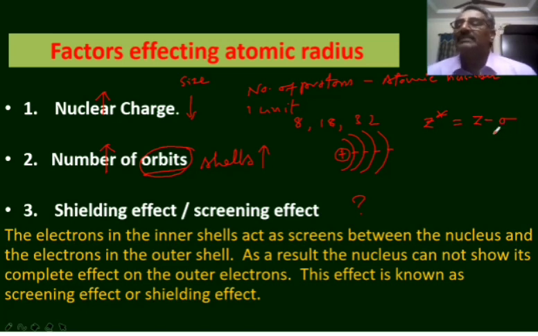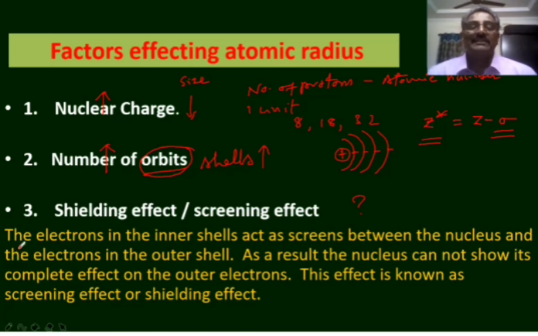You will learn how to calculate this sigma value, that is screening constant value, in the next class, where Z star is the effective nuclear charge. The more the number of inner shells, the more will be the screening effect. As a result, the sigma value will be more. If sigma value will be more, effective nuclear charge will be less.